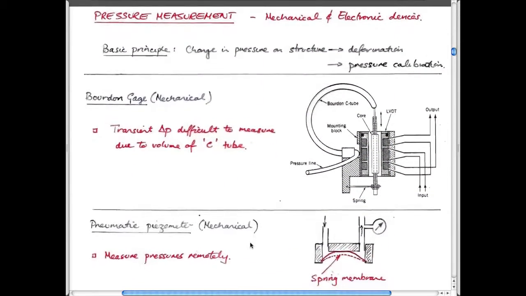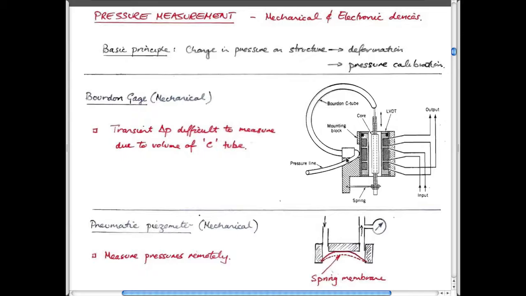And I'll close up with some perhaps more modern ways of measuring pressures. 2 minutes, last slide. You can measure pressures in a variety of different ways. You can measure it through a Bourdon gauge. A Bourdon gauge just has a curved tube with a closed end. The pressure changes in that tube, and because the tube has an inside and an outside radius, it cants over as you change the pressure.